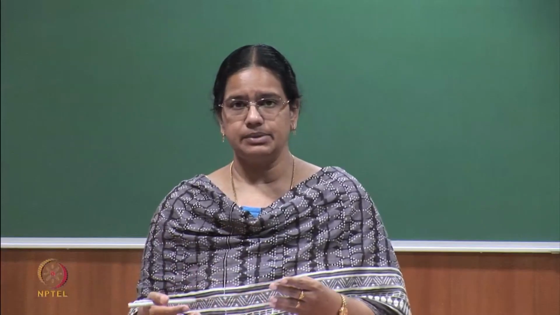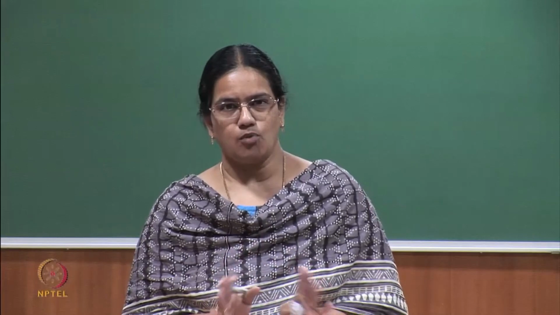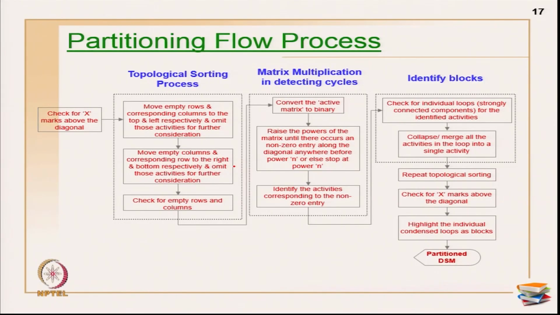Okay. But it is not a straightforward method, you have to work in cycles. Primarily there is an iteration inside, and I have taken an example in such a way that it can cover all the problems which you have in the examples. Okay. So, I will explain the cyclic process properly also. Okay. Now, in the partitioning flow process, there are primarily three broad items. One is topological sorting, primarily to identify all my sequential and parallel activities.